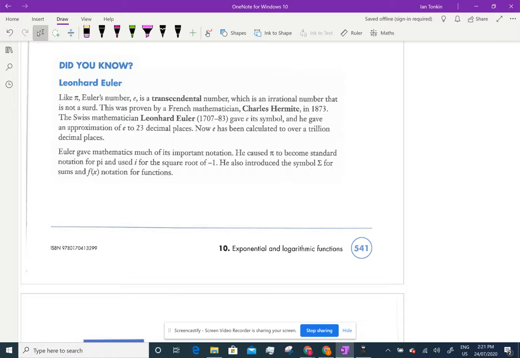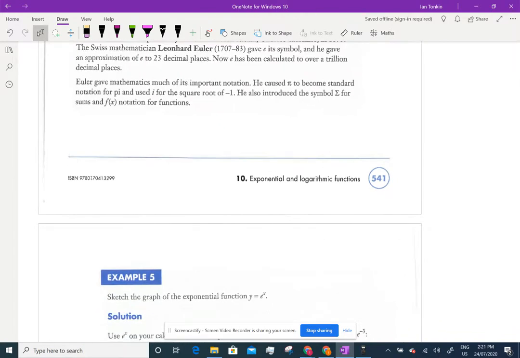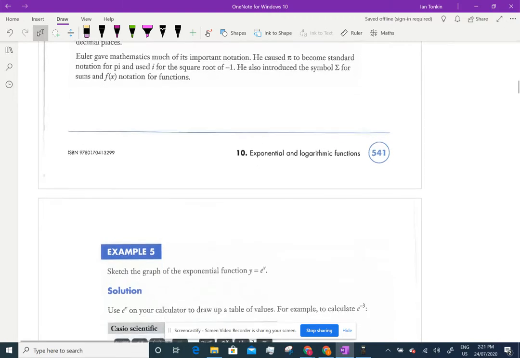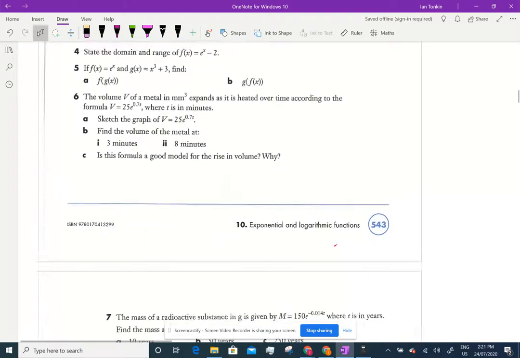He gave an approximation of e to 23 decimal places, and now it's been calculated to huge amounts. Euler gave mathematics heaps of other stuff: the symbol for pi, the square root of -1, the symbol sigma for summing, and f of x for notation.